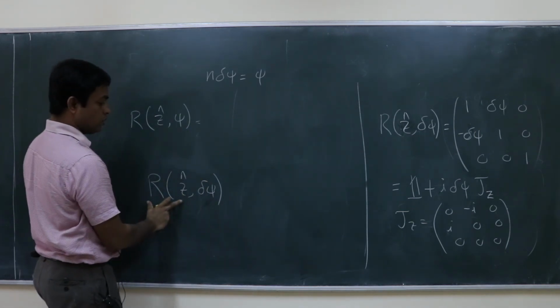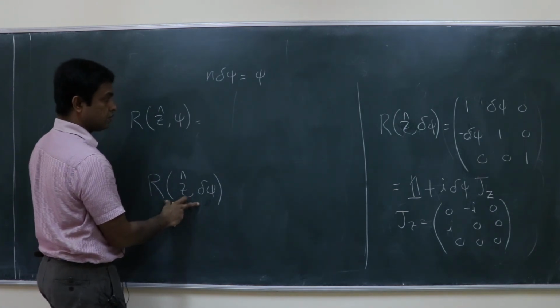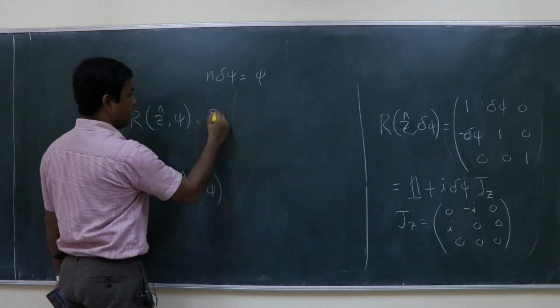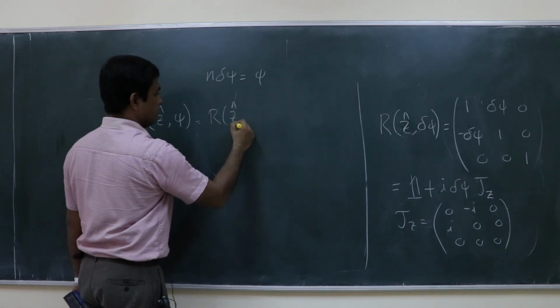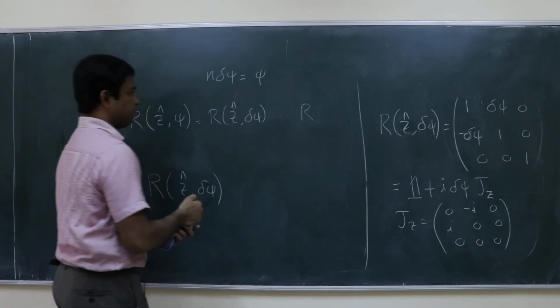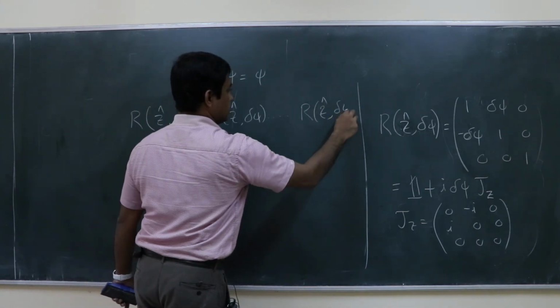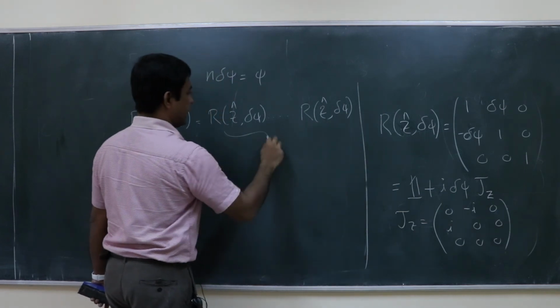So I should do this how many times? n times I should do this rotation, right? So I should do R z delta psi this n times.